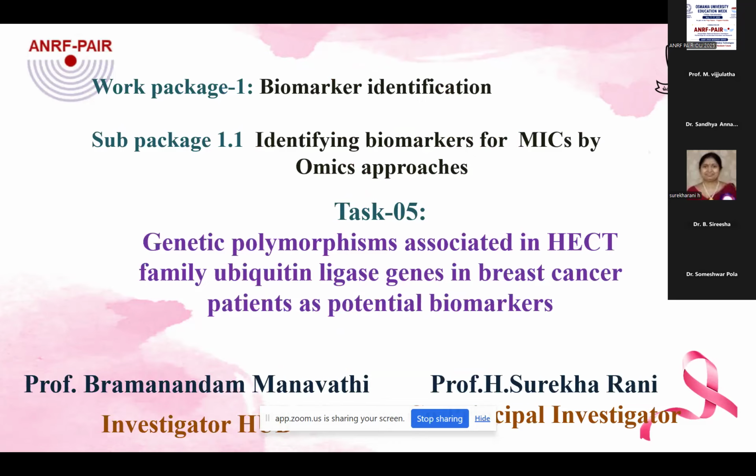And I'm Professor H. Surekarani, Head, Department of Genetics, Osmania University, and co-principal investigator for this project. And Professor Brahmananda Manavati is the investigator from the Hub University. And for Task 05, entitled Genetic Polymorphisms Associated with the HECT family ubiquitin ligase genes in breast cancer patients as potential biomarkers.